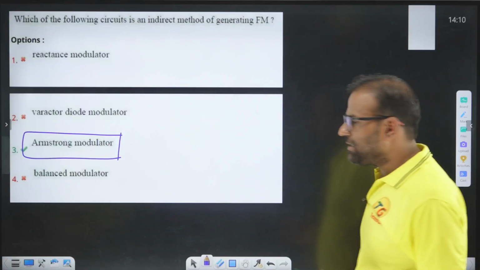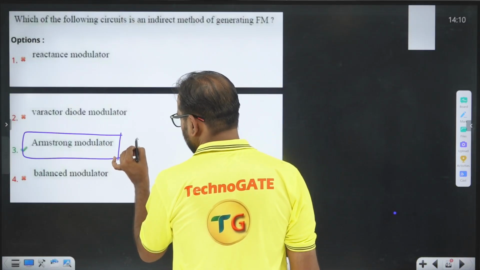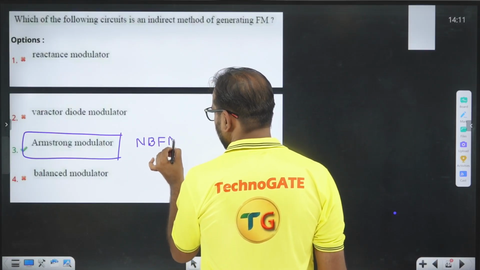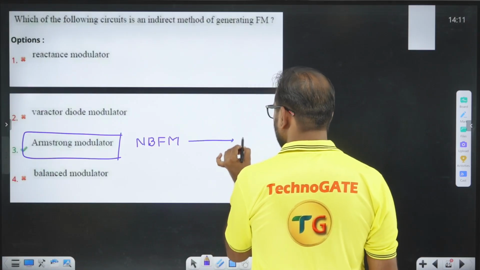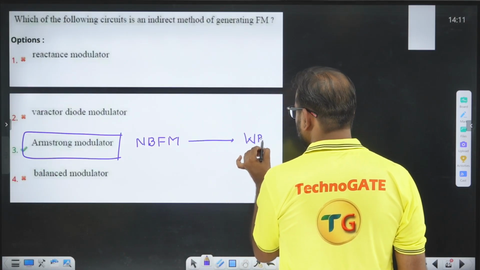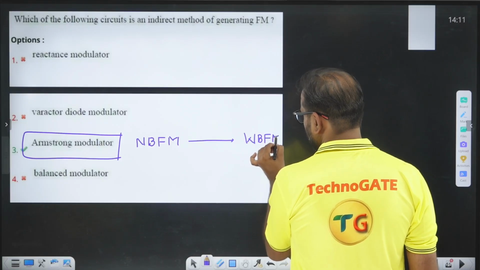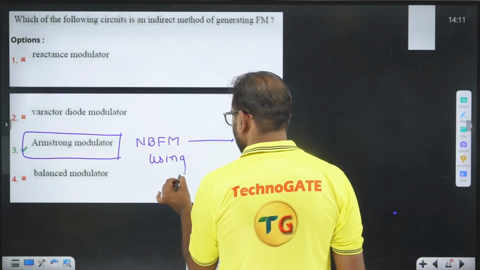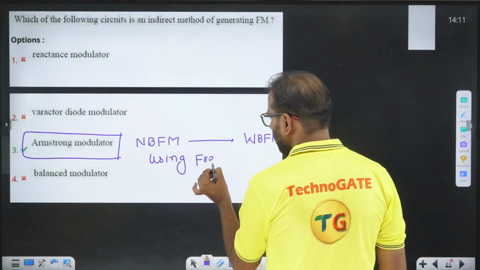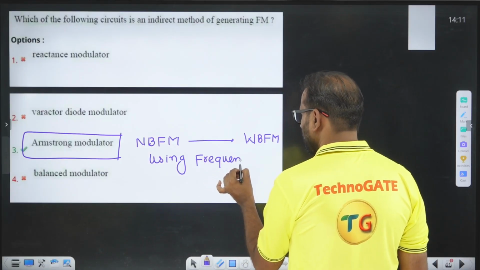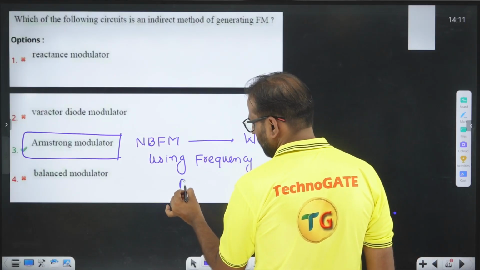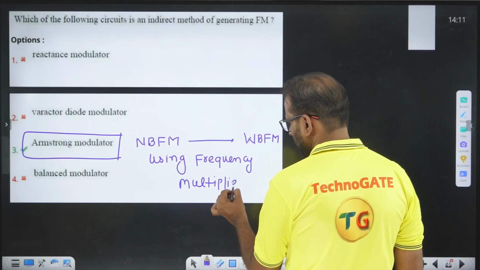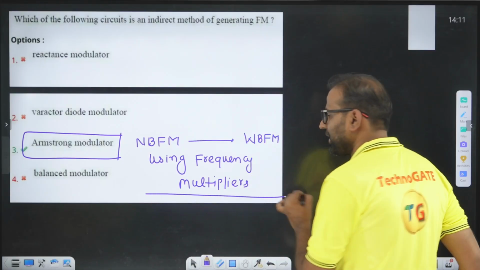Indirect generation means in the Armstrong modulator, a narrowband FM signal is converted into a wideband FM signal using the concept of frequency multipliers.